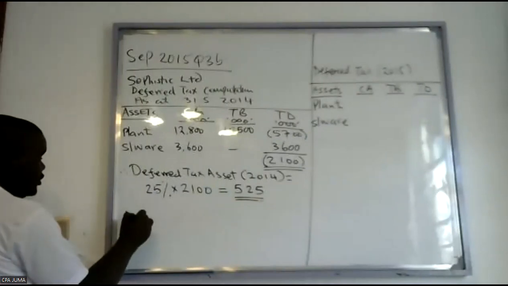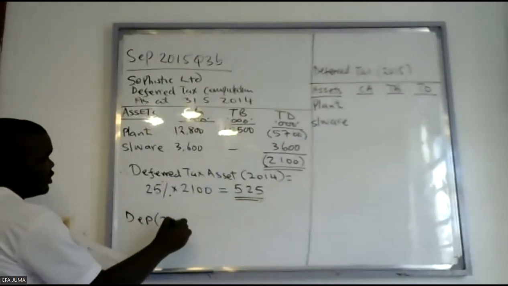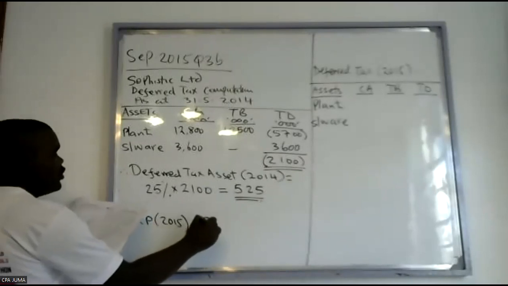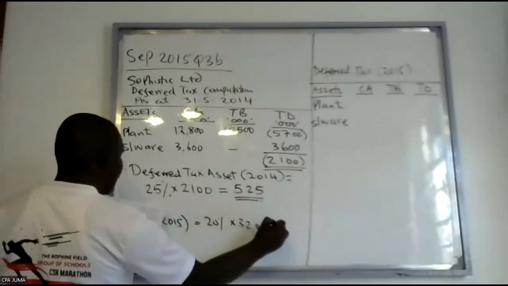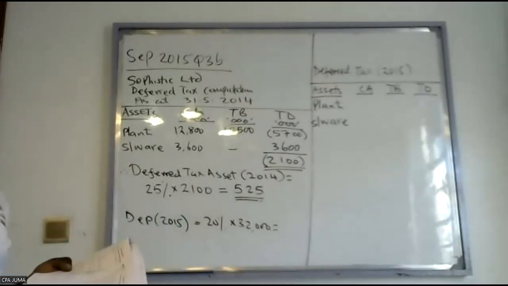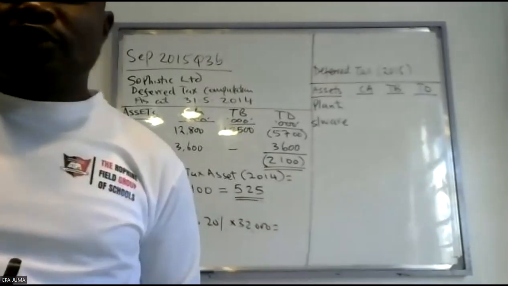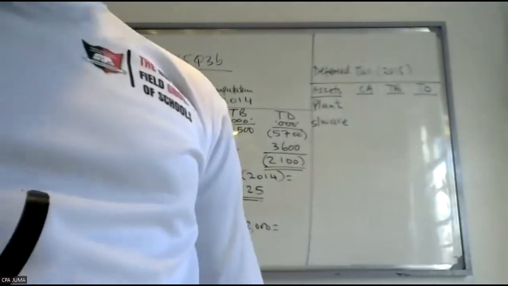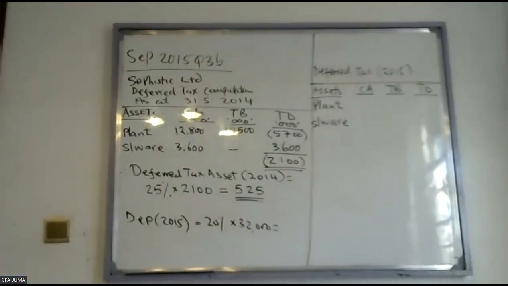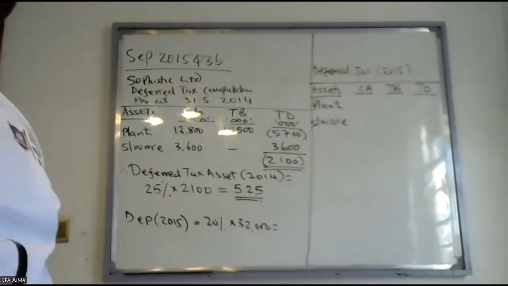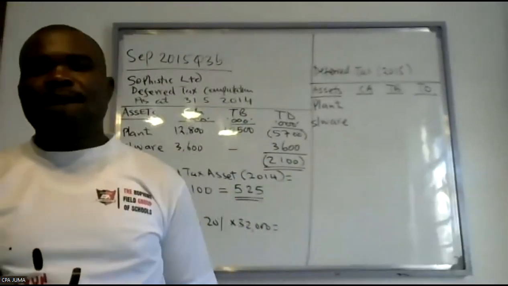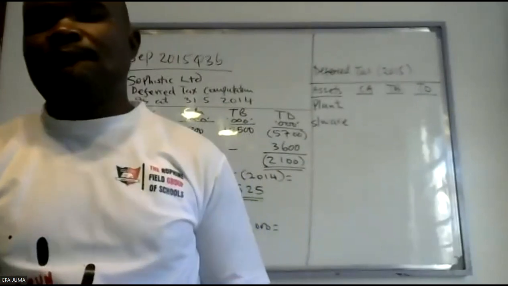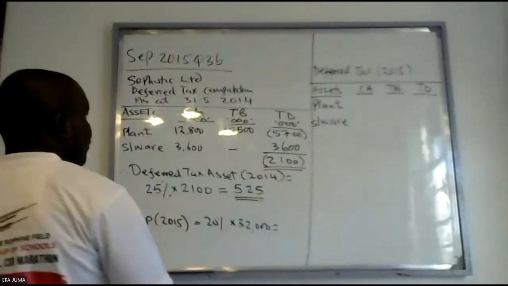So depreciation for 2015, we took 20% of the 32, because the cost is 32. We got 6.4.